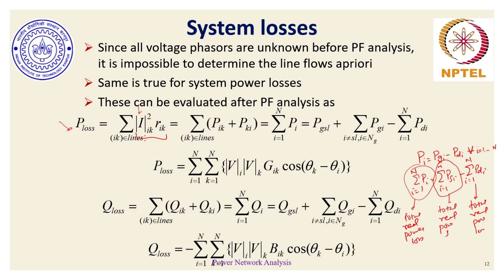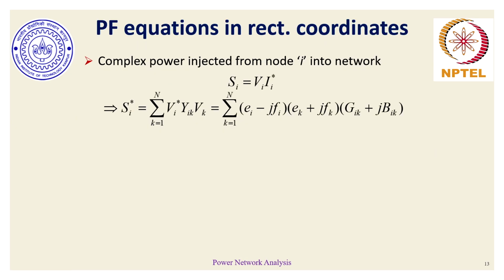So, by different ways, we can also find the power loss which is happening in both the real and reactive perspective in the power network, because we know all the voltage magnitudes, we know the currents, so we can exclusively find these corresponding loss components. Similar equations also exist for rectangular coordinates. I'll just cursorily go through them.